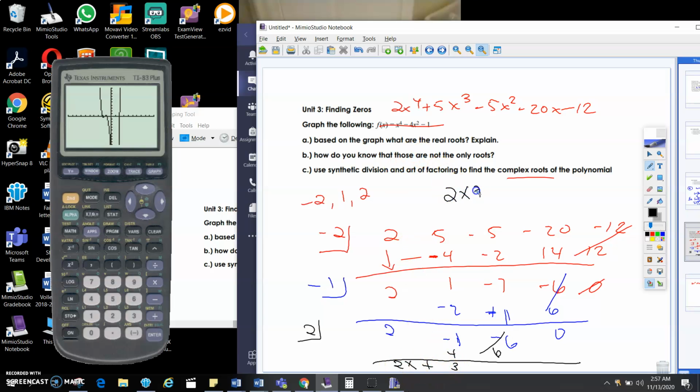So we're going to take 2x plus 3, set it equal to 0, and then solve. So x is going to equal -3/2. So it doesn't just bounce in here, you've actually got a real root right here. Okay, so synthetic division kind of helps us figuring out what our other factors are, what our other real roots and solutions are.